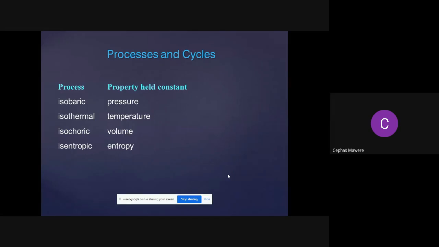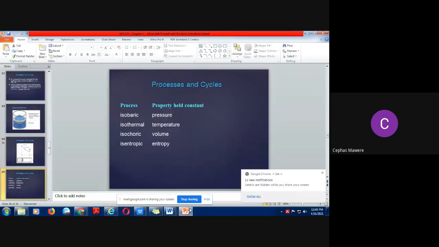Where pressure remains constant, we call that process an isobaric process. Where temperature remains constant, we call that an isothermal process. Where the volume of a system remains constant, it becomes an isochoric process. Where the entropy of a system remains constant, we call it an isentropic process.